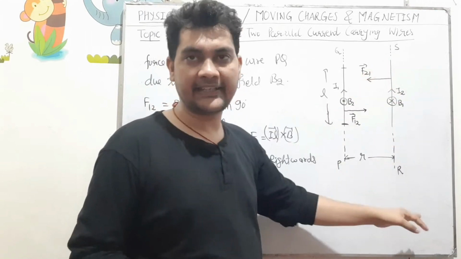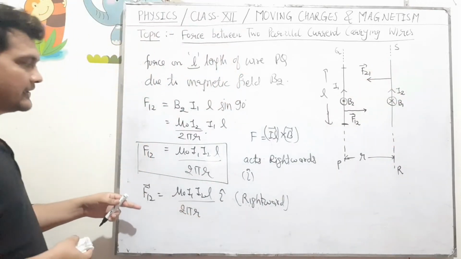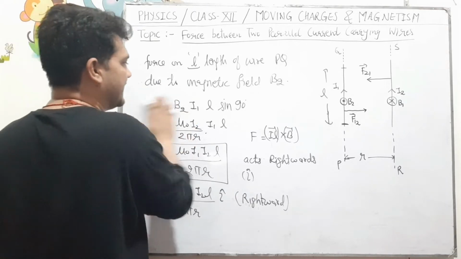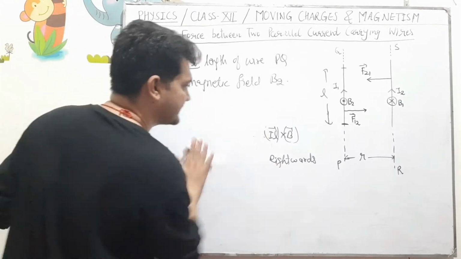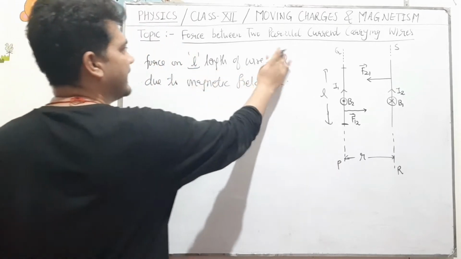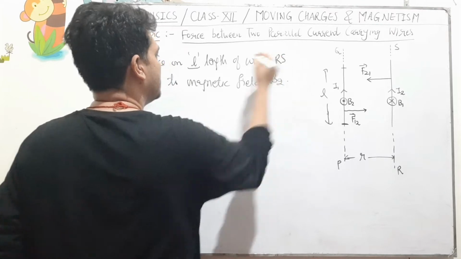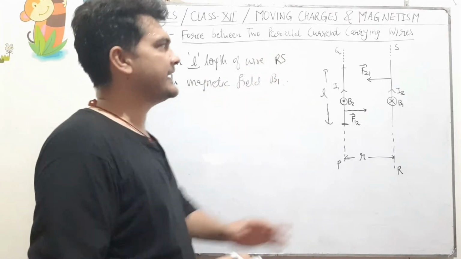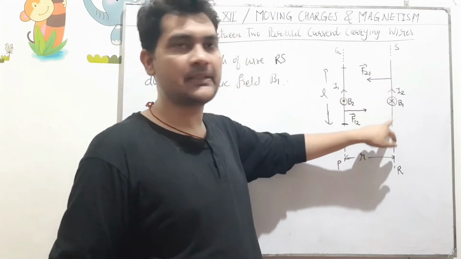Now let us see the force F21 on wire RS. We have seen the force on wire PQ. Similarly, you can see the force on length L of wire RS due to magnetic field B1. Now, this wire is placed in the magnetic field B1.